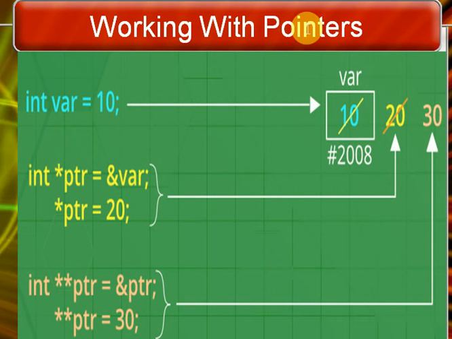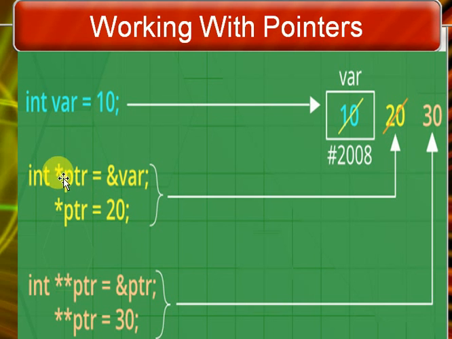Working with pointers: declaration and initialization of an integer variable initialized with the value 10, then declaration and initialization of a pointer variable with the address of that variable, and storing a value through this pointer variable.